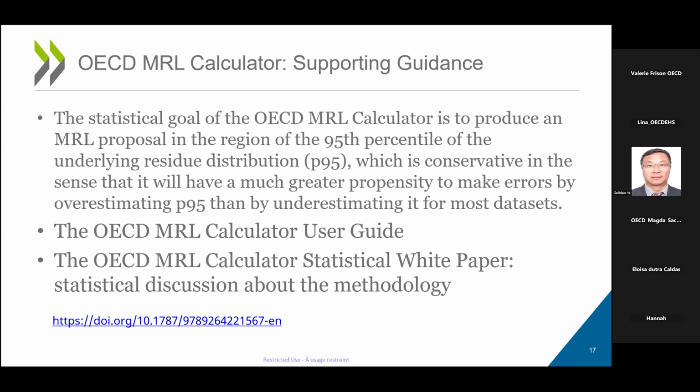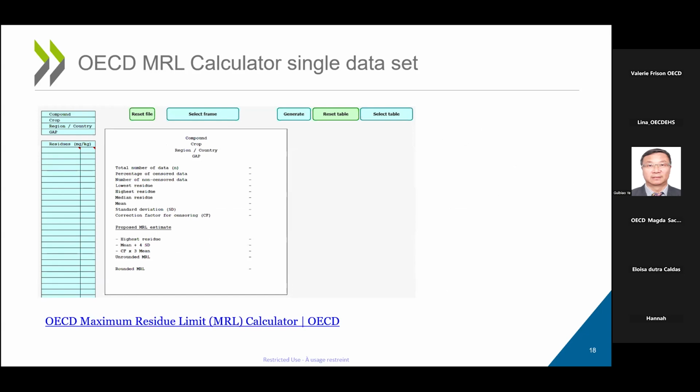So this is the DOI. You have the two documents combined there that you can access. In a sense, the OECD MRL calculator is two Excel spreadsheets, one for a single data set that you can see here, and they're hosted in a dedicated OECD webpage. And you have the link provided in this slide.